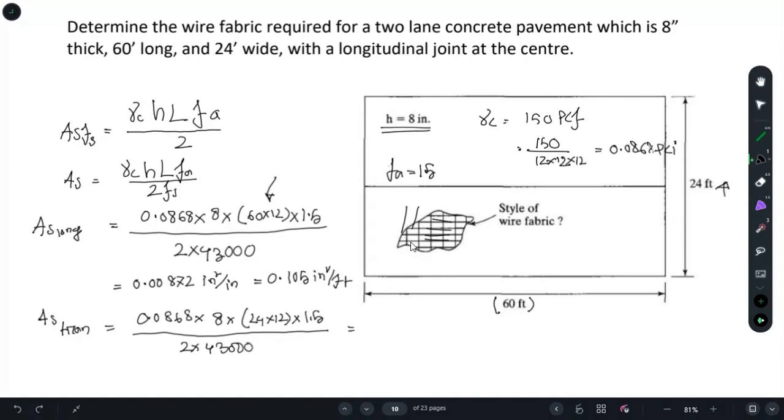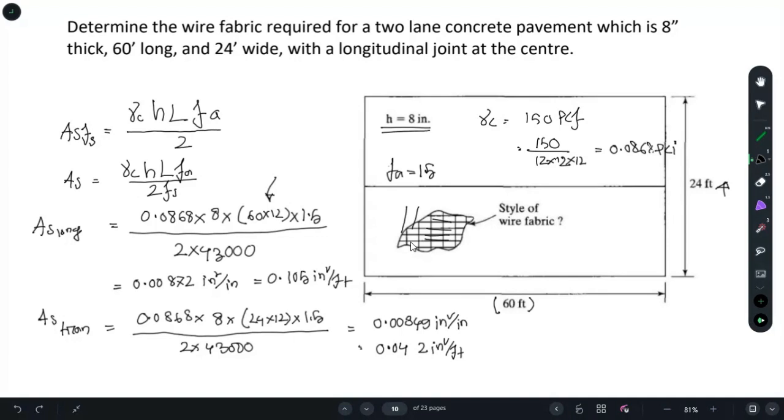From that, I'll get a value of 0.00349 inch squared per inch. If I multiply it by 12, I'll get a value of 0.042 square inch per feet.